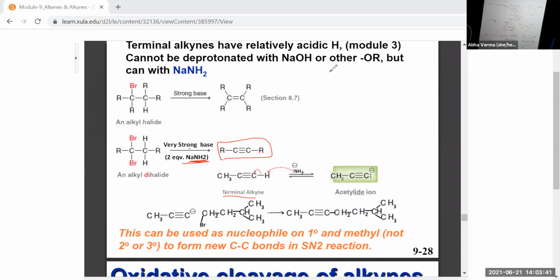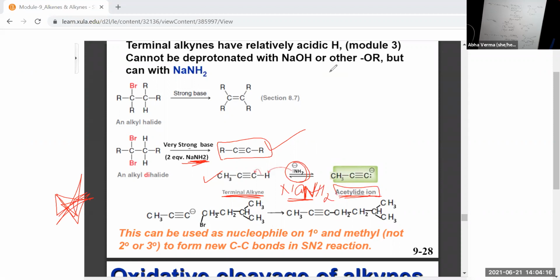And if you have a terminal alkyne, you will use the same reagent to make an acetylide ion. Sodium amide is a stronger base than hydroxide. Very important point that all of you need to know here.